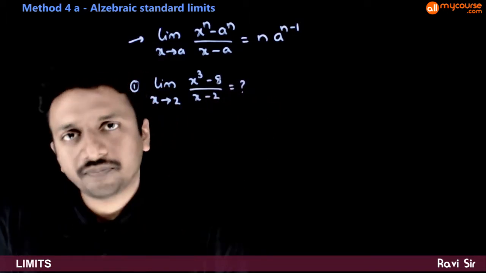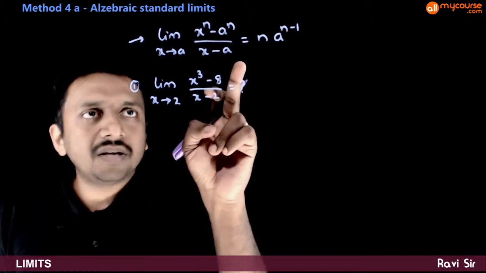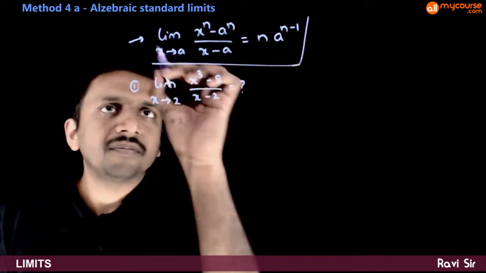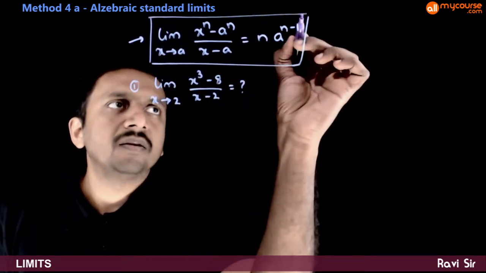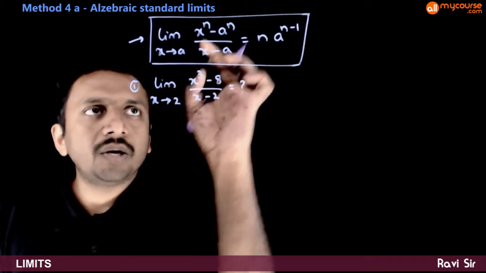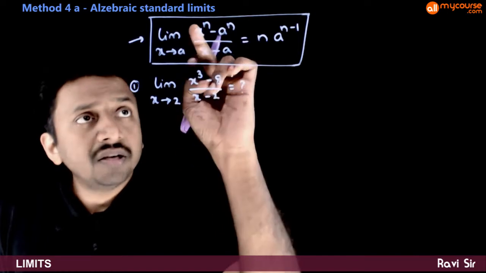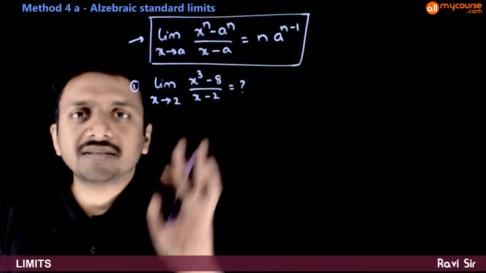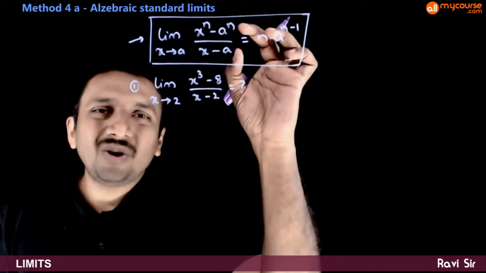As you can see, in this limit, if you put x is equal to a in the function, you're getting a power n minus a power n, which is 0, by a minus a, 0. So you're getting 0 by 0 form.